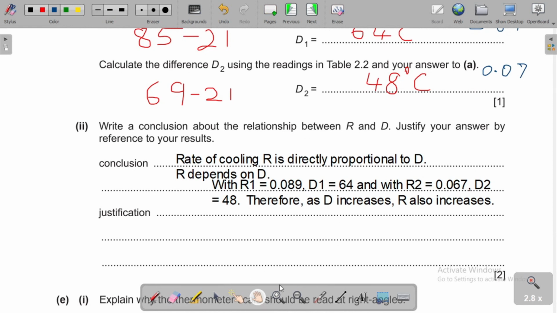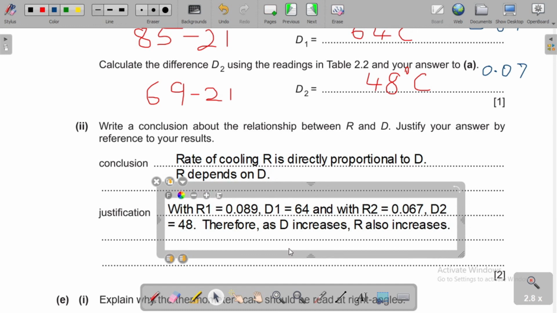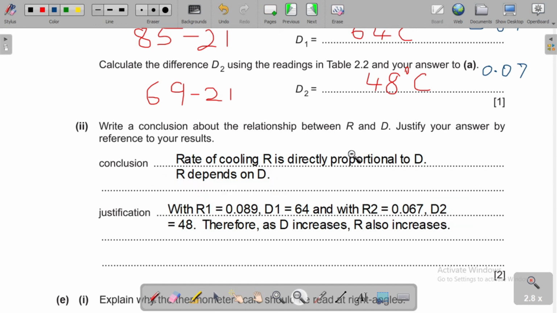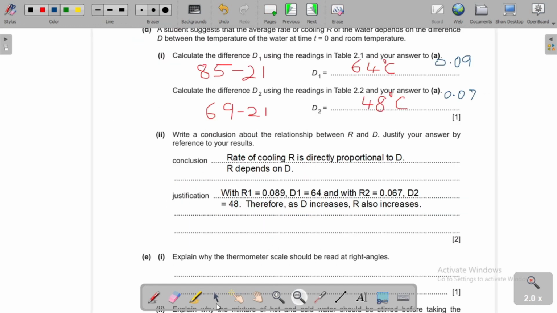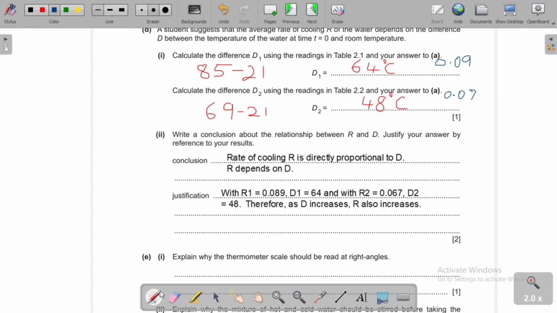Let me make this a little bit smaller. So the rate of cooling R is directly proportional to D. R depends on D. With R1 equals this and then this one, I should put degrees Celsius there.